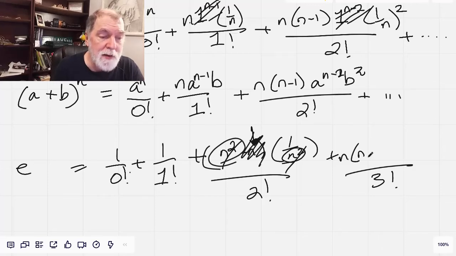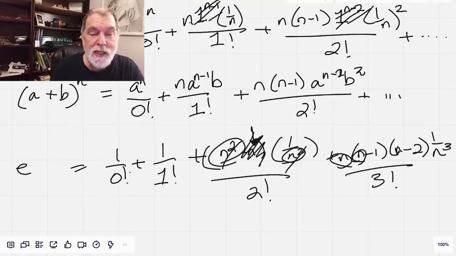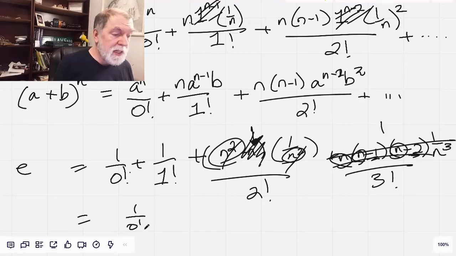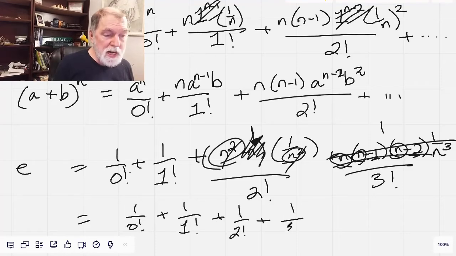n times n minus 1 times n minus 2, all times 1 over n cubed. These 3 n's will matter. These small amounts will disappear, which means everything in the numerator cancels out, and we end up with just the sum of the reciprocals of the non-negative integers factorial.